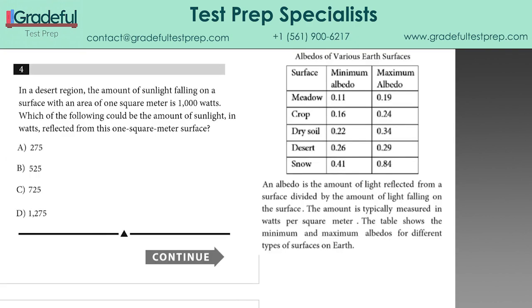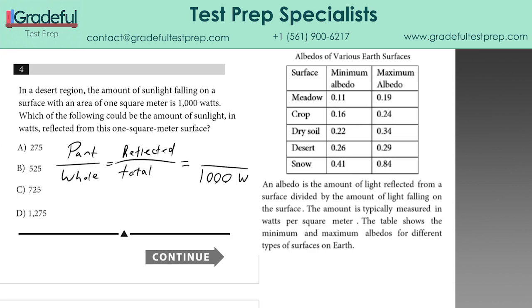Now question number 4 is getting a little bit more into the definition of what this albedo is, according to that description there for the questions, and it's the part over the whole, which is the amount of light that's reflected over the total amount of light that came in. So here we're being told that 1,000 watts of light came in, and what we're trying to find is the amount of light reflected.